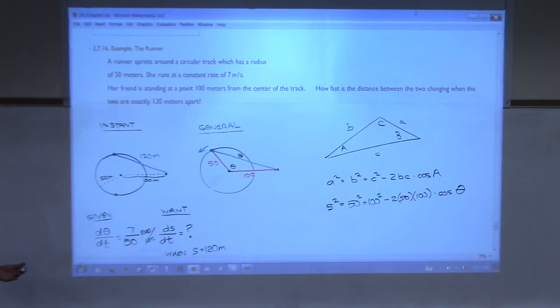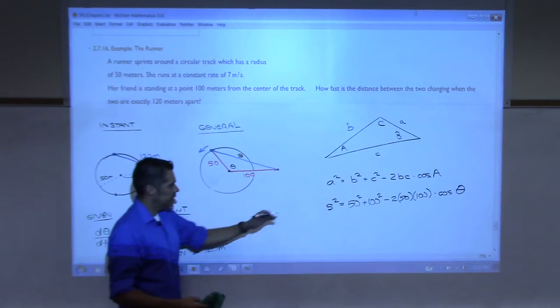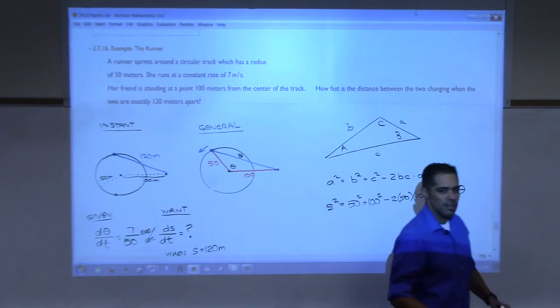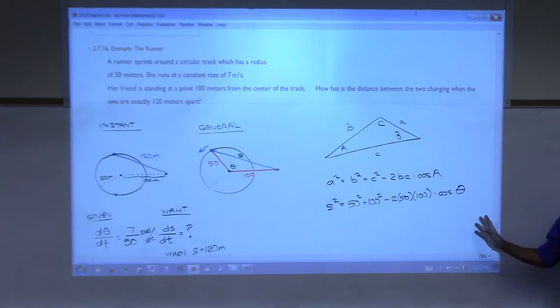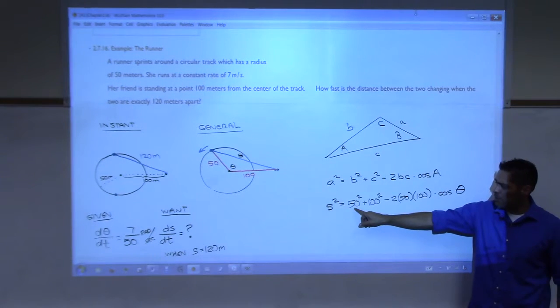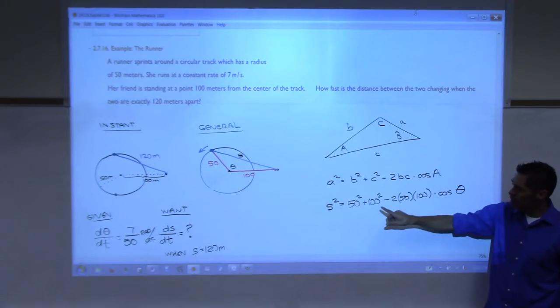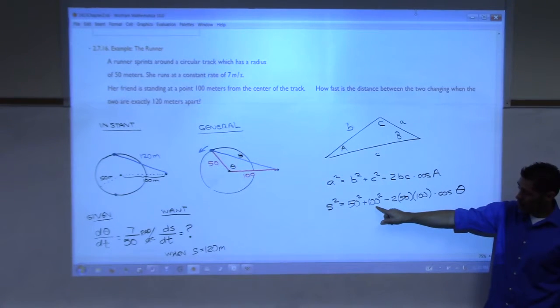Do we have an equation that relates the two letters we want together? Yes, s and theta, there it is. Now a lot of this stuff is constants, so can we put all these constants together? 50 squared is 2,500. 100 squared is 10,000.